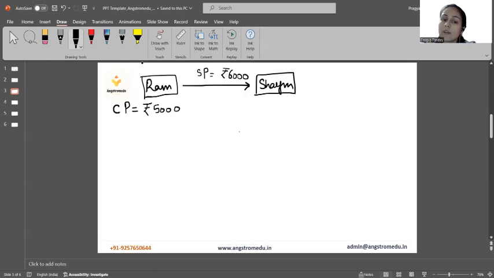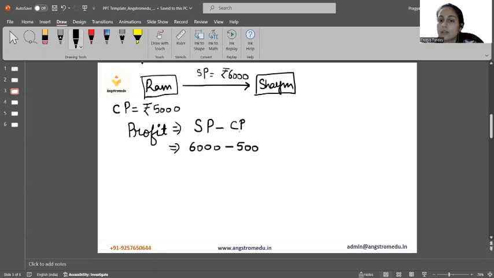Fine. So if we want to calculate the profit, what will be the profit here? Profit will be selling price minus cost price, which is 6,000 minus 5,000.